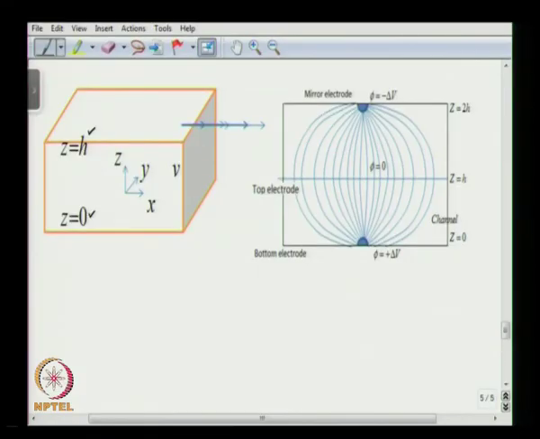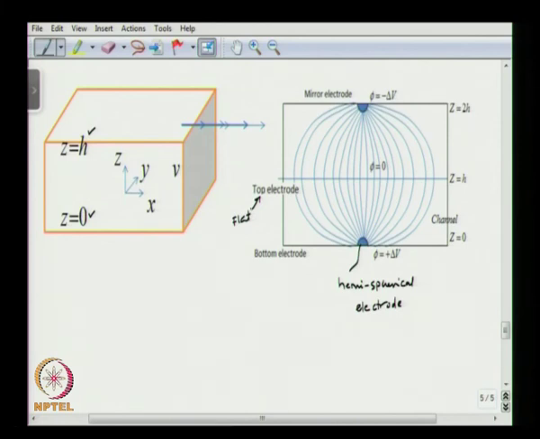If you look here, we have an asymmetric electrode configuration. On the bottom surface of the channel we have a hemispherical electrode, and at z equal to h we have a flat electrode. So this top electrode is flat.